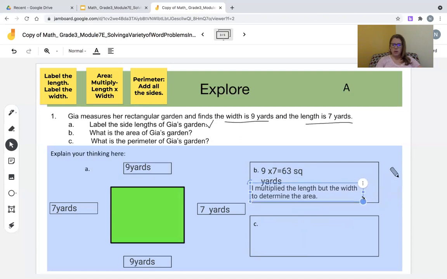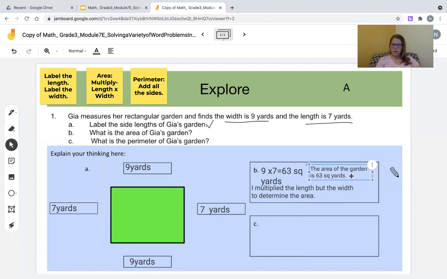I'll also make sure to write down my clear answer statement. So I know that the area of the garden is 63 square yards. I'll make sure to line that up so that my teacher can clearly see my answer statement.